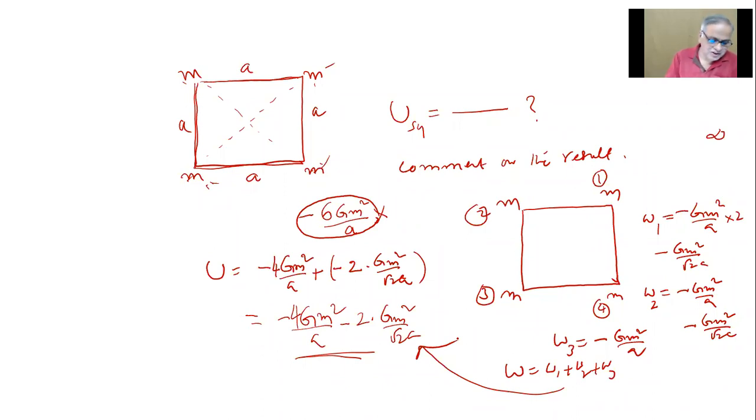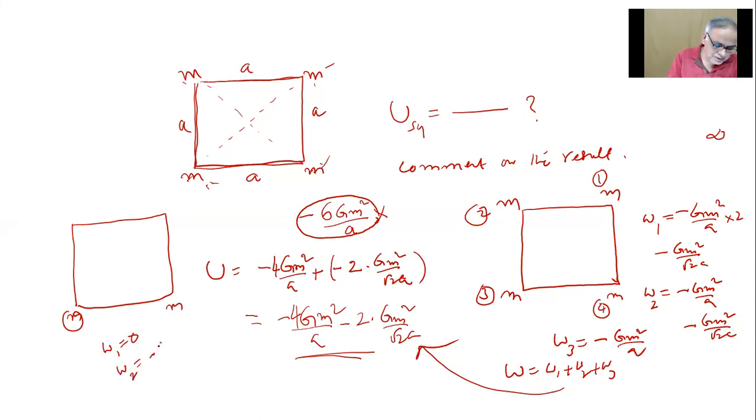You know how? From infinity to r, there was an external agent. There was nothing here. I brought the first mass: no work. Second mass: that is minus Gm square by a.